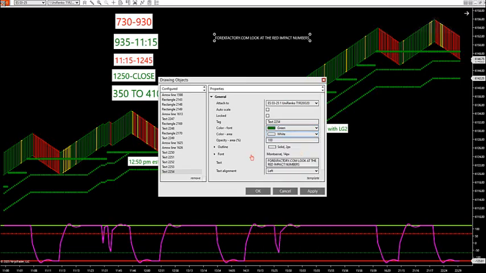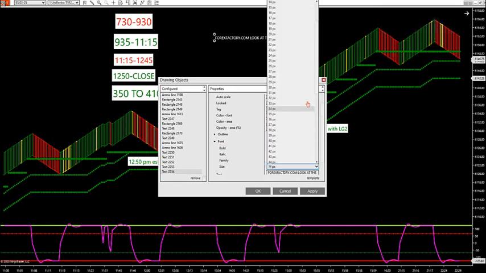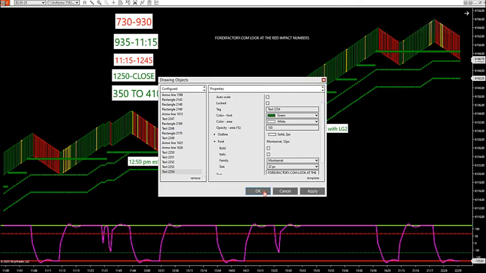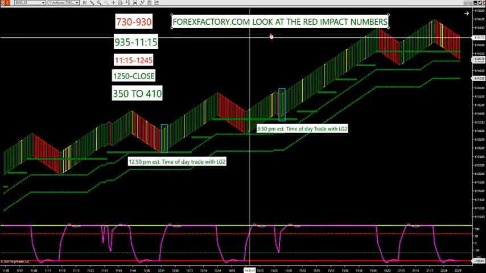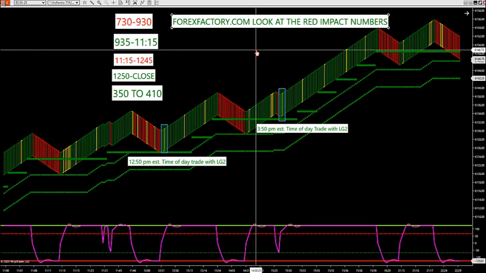They work hand in hand, and I like to educate traders that way. When strategy trading, be smart about it. Don't have it toggled on during news events. Look at the red impact numbers. It's a free service, and we absolutely love using it to look for our news events.